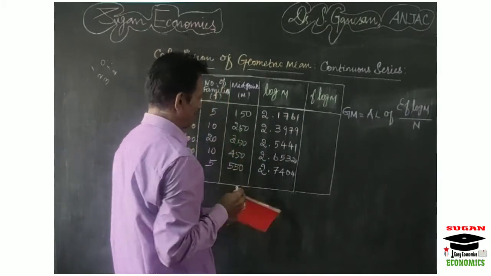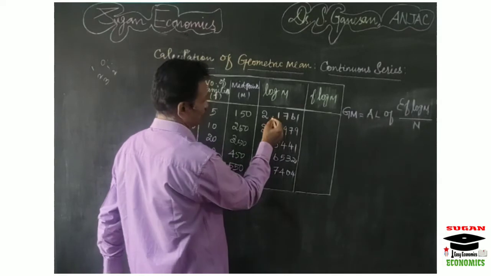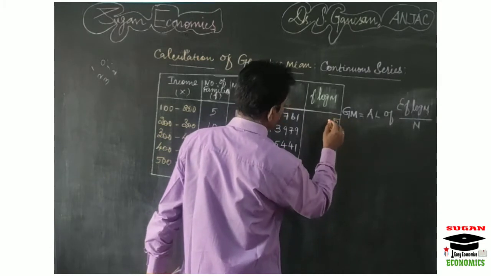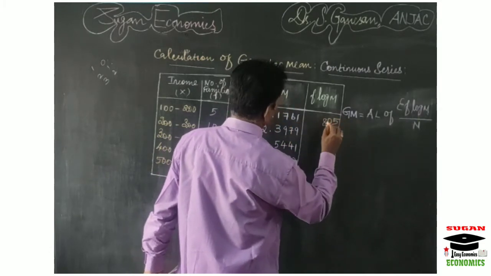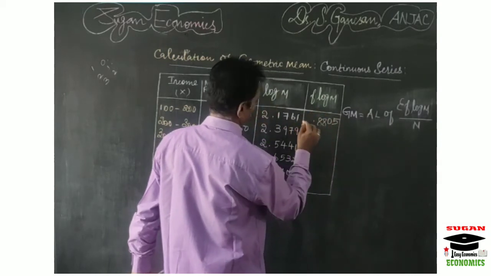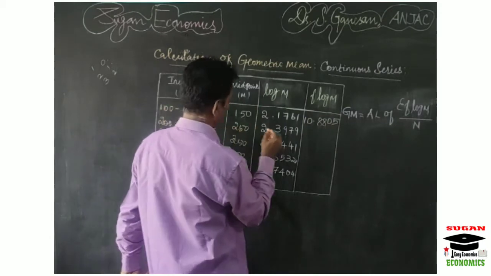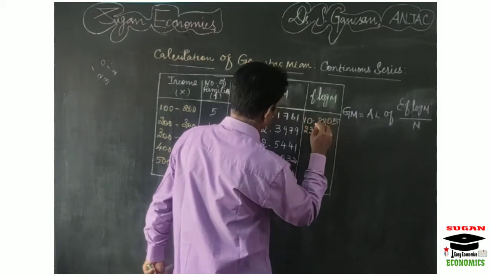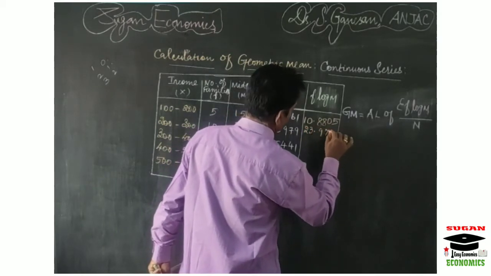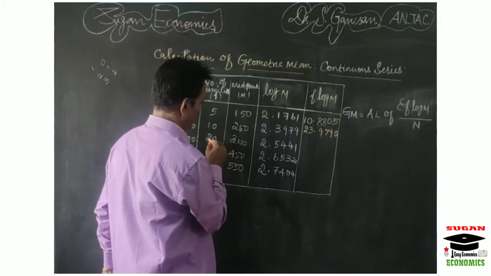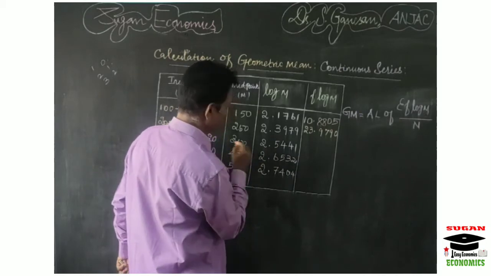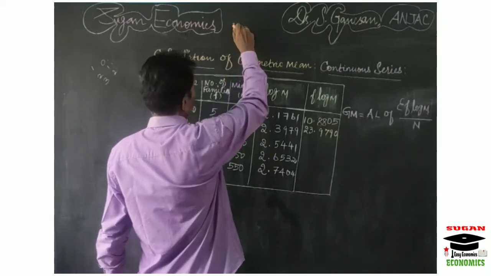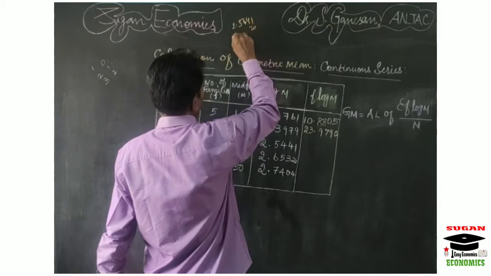The first frequency is 5 and the log m value is 2.1761, so 5 times that gives 10.8805. Then the next frequency is 10, and the product is 23.9790. Then for 20, you multiply 2.5441 by 20.